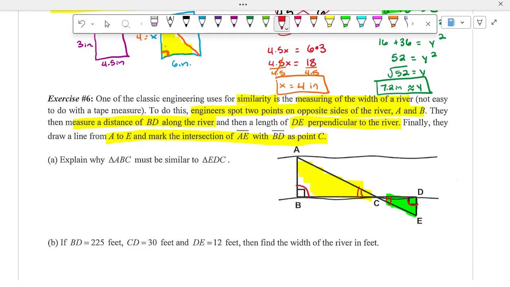Starts with a V. Vertical angles. So those 2 angles are vertical. So if we have 2 congruent angles, what postulate of similarity lets us show that those are similar? What similarity postulate that we talked about on the previous page lets us say that those 2 triangles are similar?